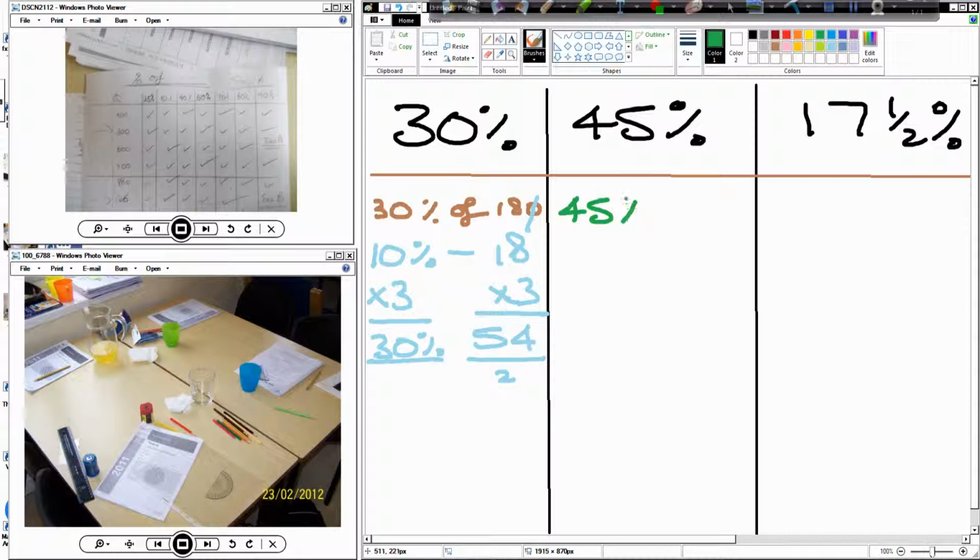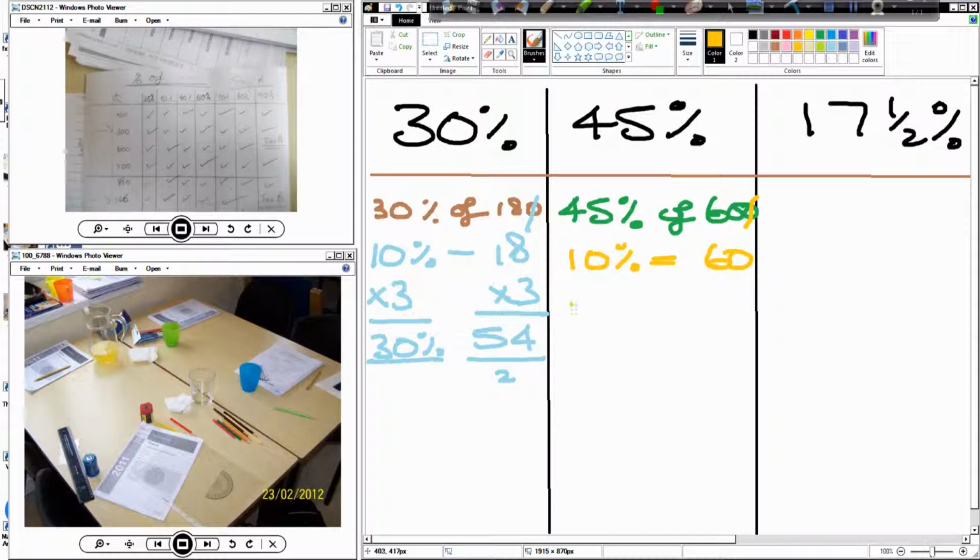So we're going to work out 45% of 600, for example. Lead me through this one. First of all, we start with 10%. So 600 divided by 10 is 60. 10% of 600 is 1/10 of it, which is 60.